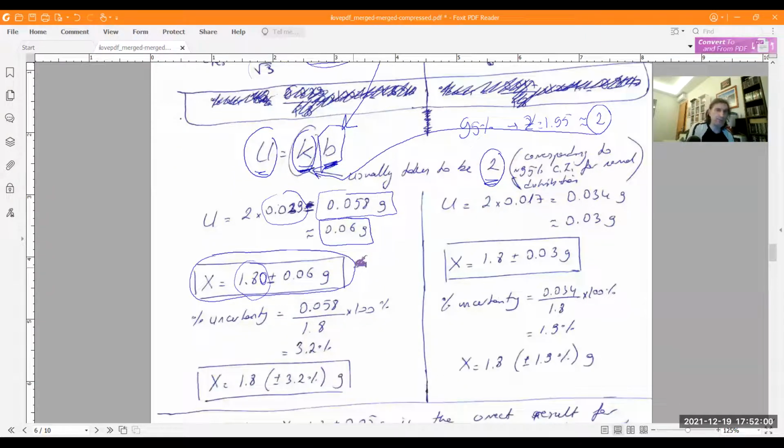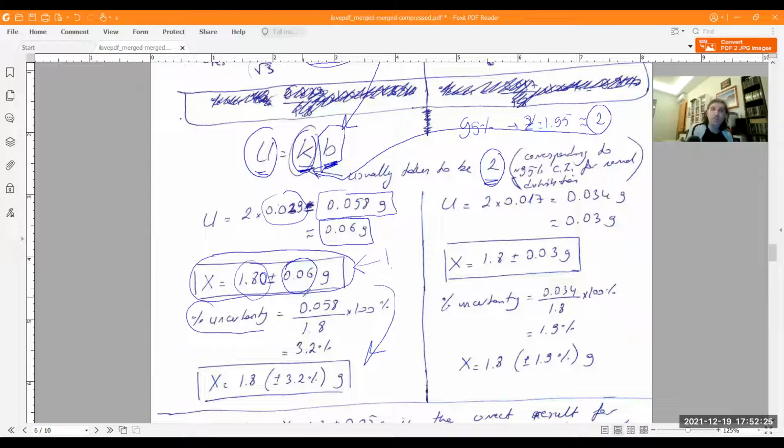Well, there's a problem with this result. I'm going to come to it in a minute. And usually, this is not how, well, this is one way of showing your result, but usually we like to show it in this way. What do I mean by that? We find the percent uncertainty, because when you show it as 1.8 grams and plus minus 0.08 grams, we can't really get an idea about the magnitude of this uncertainty.